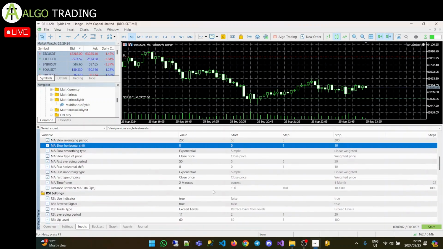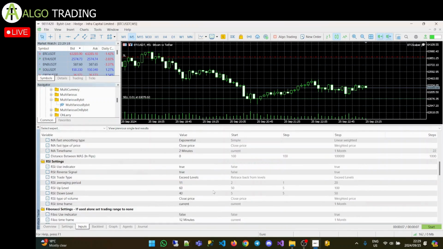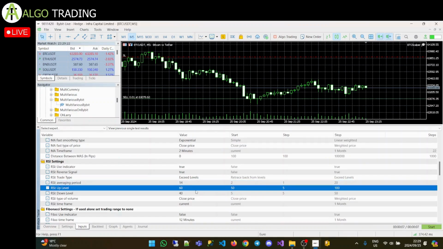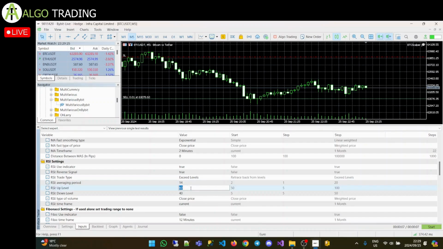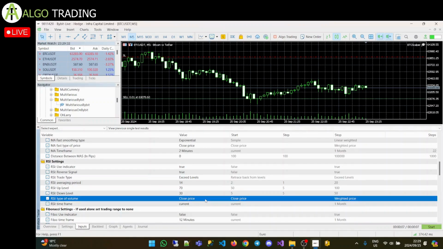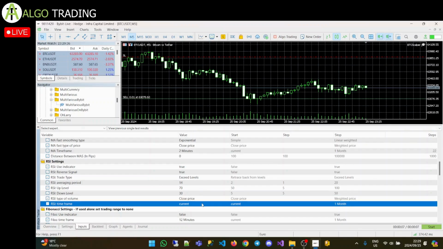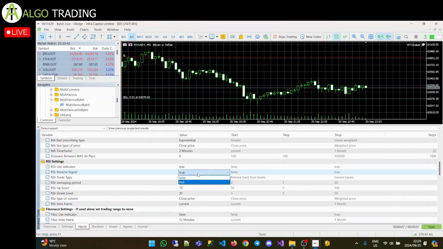We're going to run it at the standard 14 period. That's default RSI. We are going to sell if the level exceeds 70. We're going to buy if the level goes below 30, and we're going to run it on the current time frame. So we're running it on the 5-minute chart, and we are not going to reverse the signal.